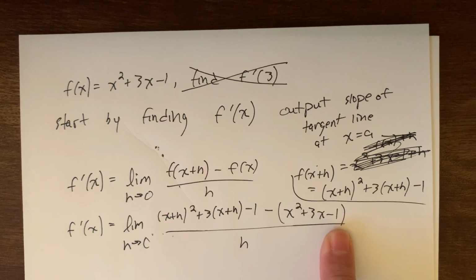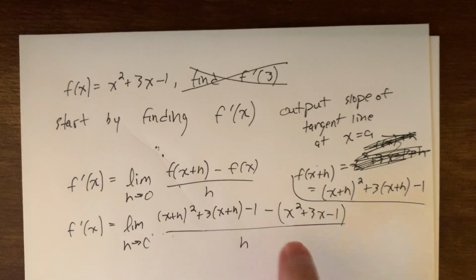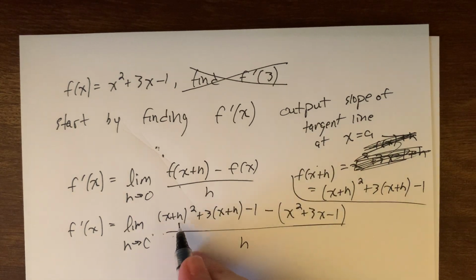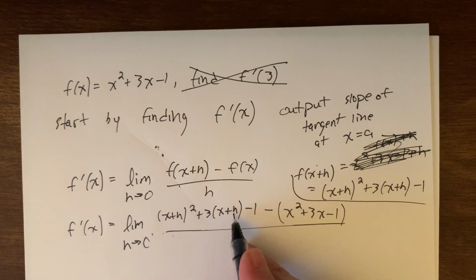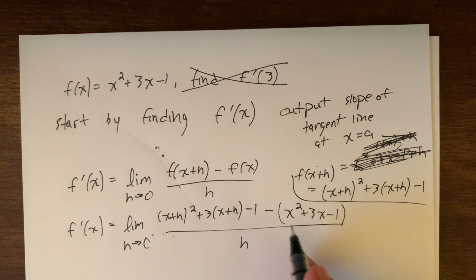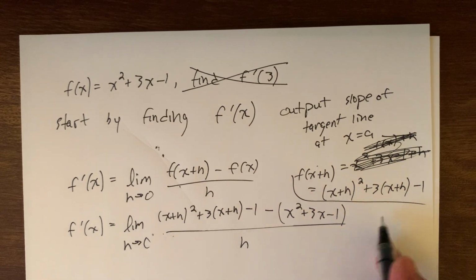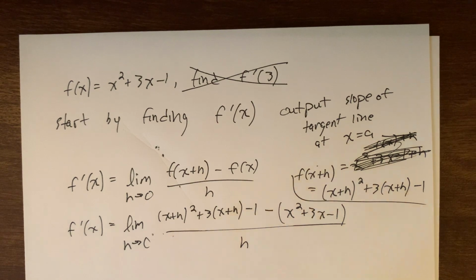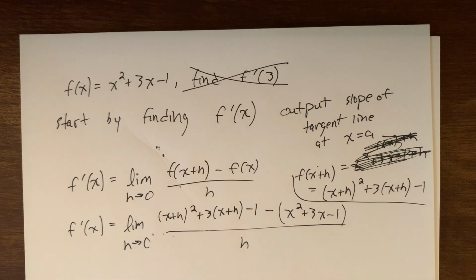And now one more time, some people like to use this as a check. Is this set up correctly? If this is set up correctly, we'll know it because we're getting 0 over 0 if I try and plug in 0 for h. 0 for h, x squared, 0 for h, 3x minus 1, minus that exact same thing. So we get 0, and there's h, which goes to 0, 0 over 0.